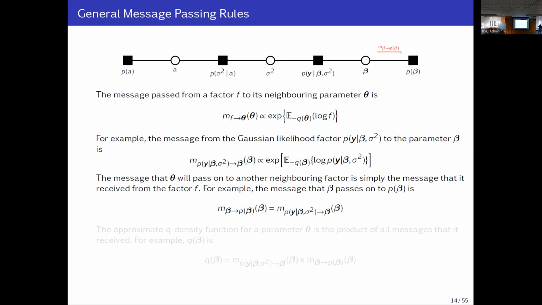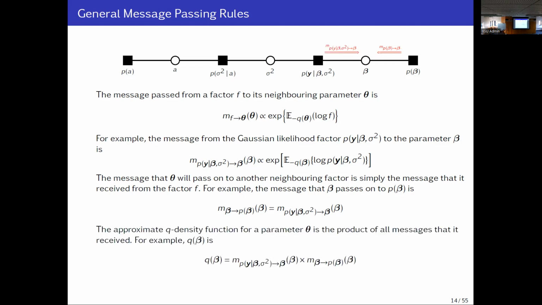Normally, it would be the product of all the messages that it received, but all the models that we're going to look at today have been designed such that we have this kind of linear construction here, so we don't have to worry about making this even more confusing. So just remember that factors send messages given by that particular update in the second equation there. Parameters just transmit those messages on. They receive a message and transmit it to its other neighboring factor.